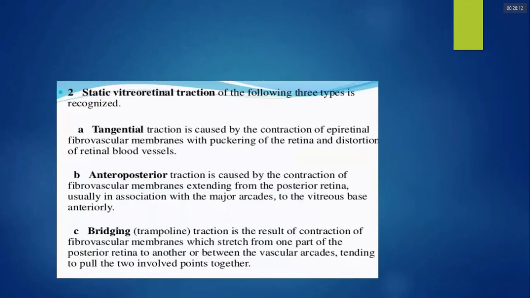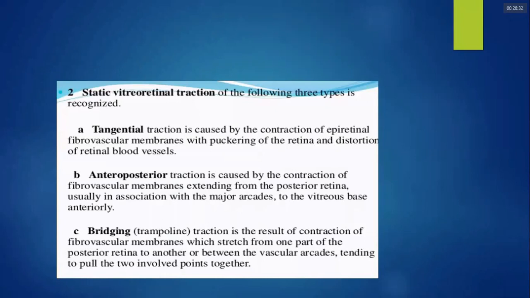It is due to static vitreoretinal tractions, which can be of 3 types: tangential traction, anteroposterior traction, and bridging traction. Rhegmatogenous is due to dynamic vitreoretinal tractions, whereas this is due to static vitreoretinal tractions.